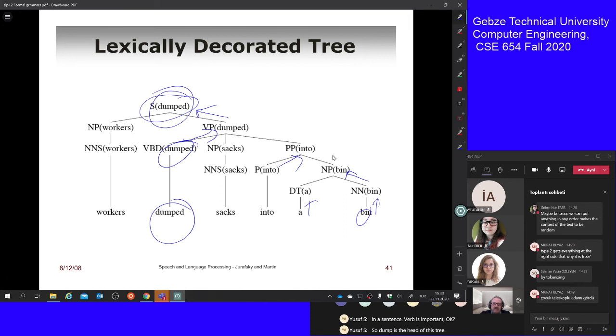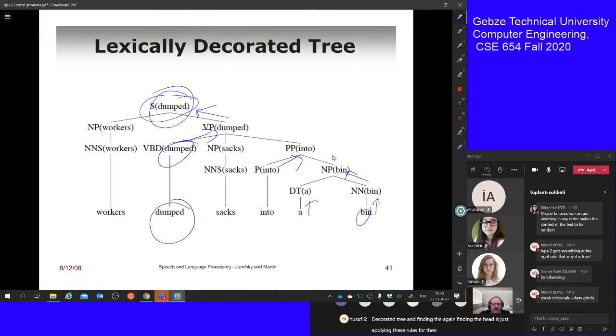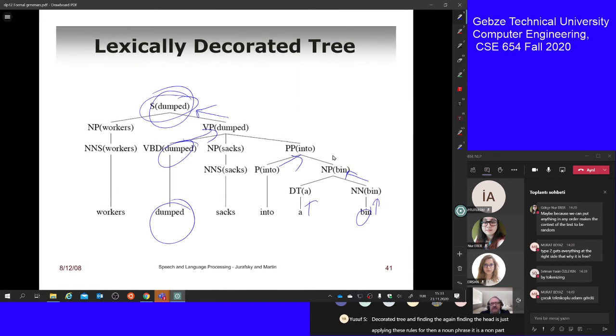Okay. So this is a lexically decorated tree, and finding the head is just applying these rules. For a noun phrase, it is the noun part. For a verb phrase, it is the verb part.